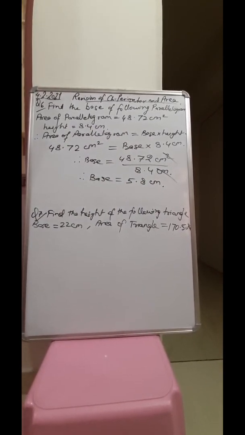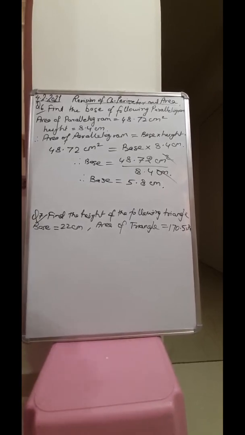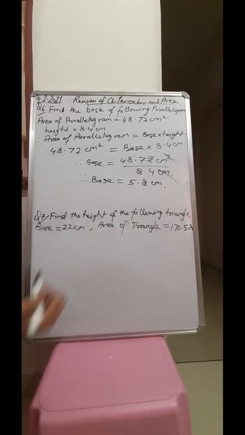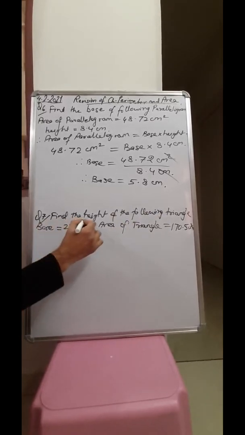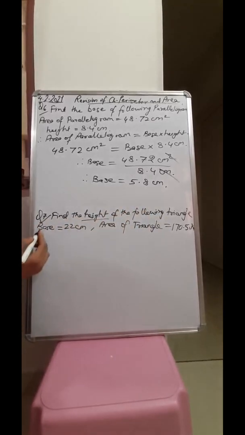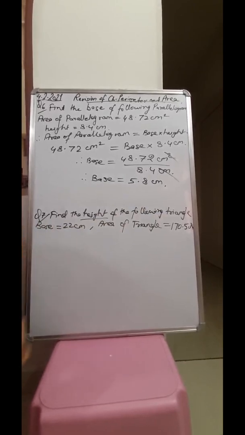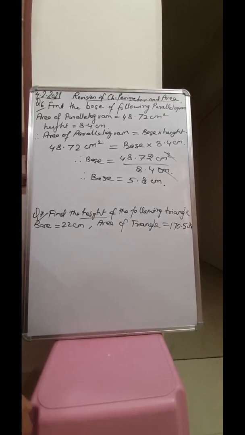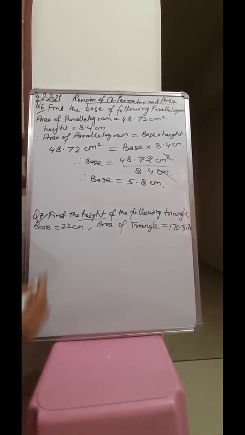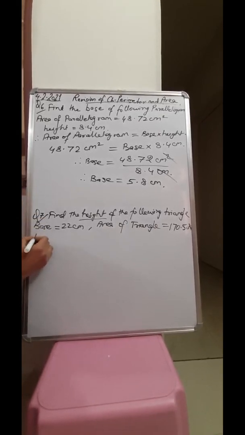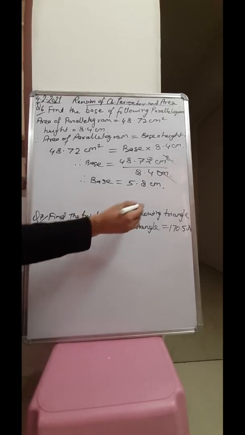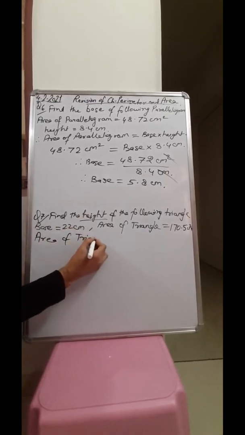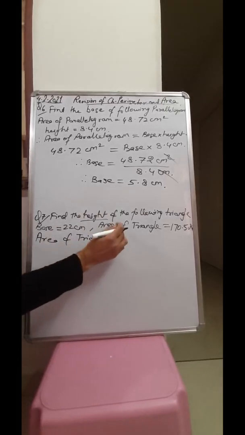Now the next question, number 7, is: find the height of the following triangle. So we have been asked to find out the height of a triangle, and we have been given a base equal to 22 centimeter and area of triangle equal to 170.5 centimeter square. Because it is a triangle, we have to use the area of triangle formula, because the area of triangle has been given to us.